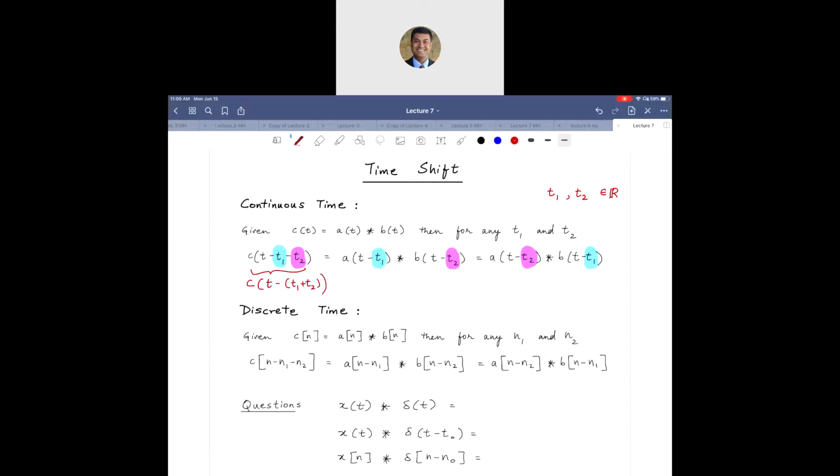So that's the time shifting property, and we'll see some applications of this in a little bit. For discrete time, same rule. C of n is the discrete time convolution output of A and B, for any integer n1 and n2. So these are integers here.